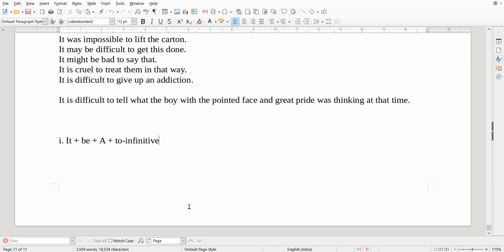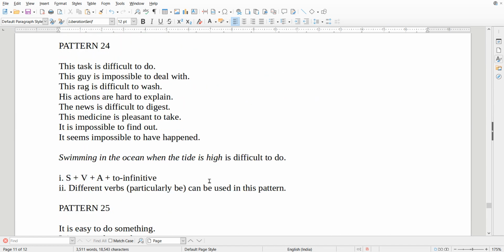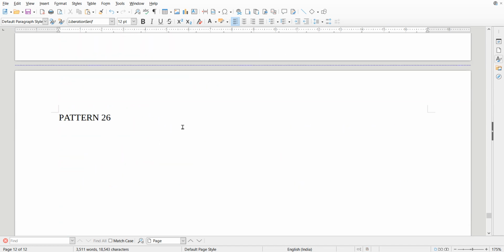Anyway, the next pattern, 26. Look at these sentences, please. It is no good trying to search for the keys here.